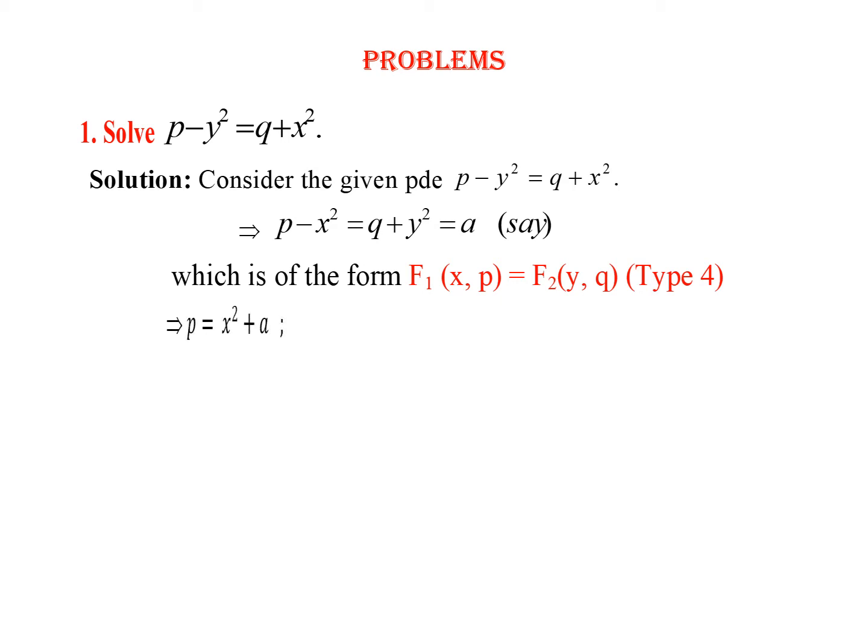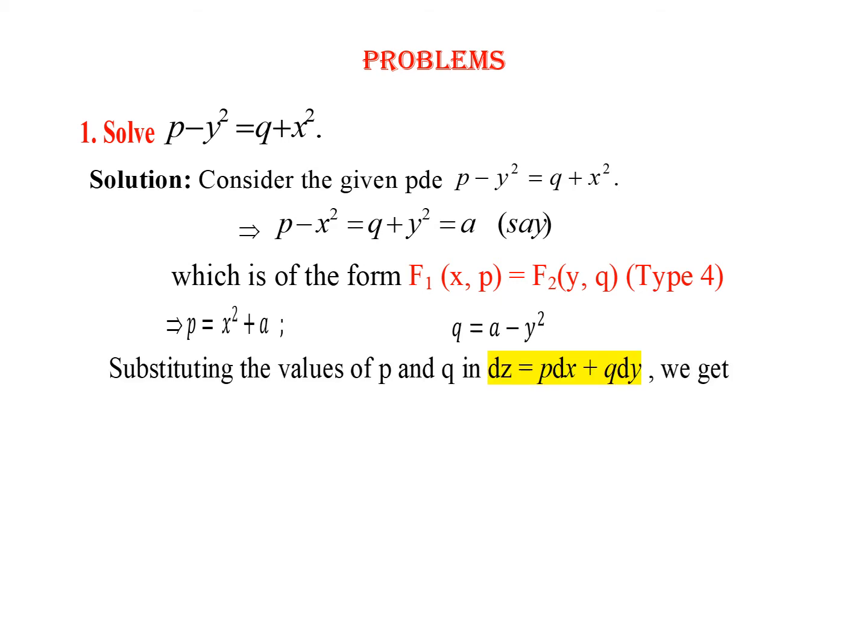From the separation, we can get the values of p and q. Since we had p minus x squared equal to a, from there we have p equal to x squared plus a. Similarly, the value of q will be a minus y squared. And these values of p and q, now we should substitute in the formula of dz.